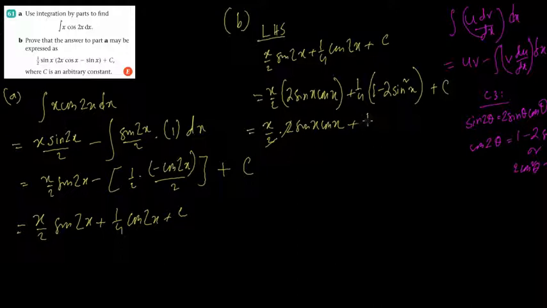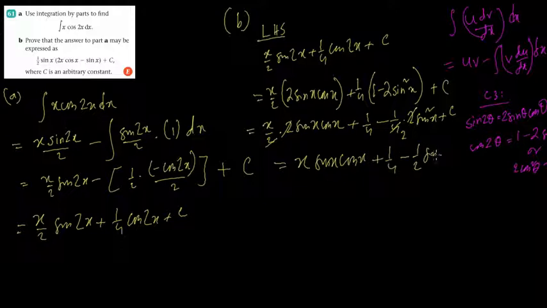Plus 1 by 4 into 1 is 1 by 4. Minus 1 by 4 into 2 sine squared x plus c. So this 2 and this 4 cancel and become 2. So it becomes x sine x cos x plus 1 by 4 minus half sine squared x plus c.